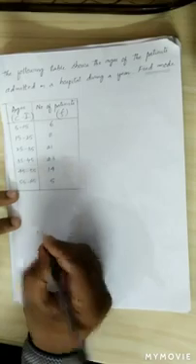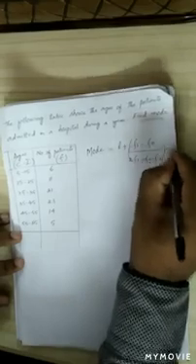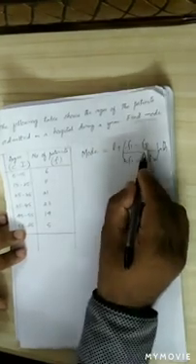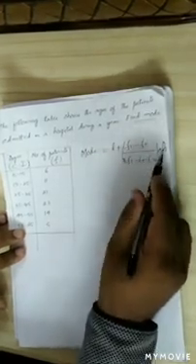Mode equals L plus (F1 minus F0) divided by (2F1 minus F0 minus F2), into H. So we want the values of L, F1, F0, F2 and H.